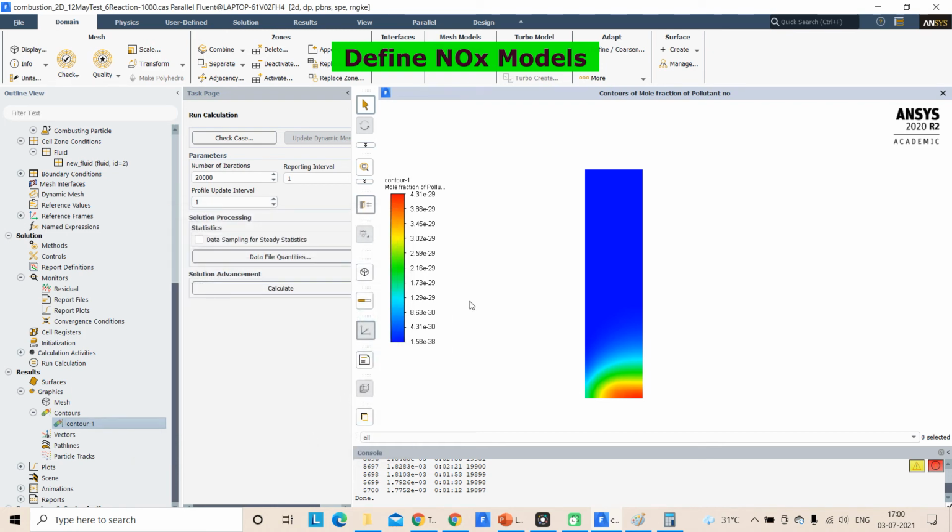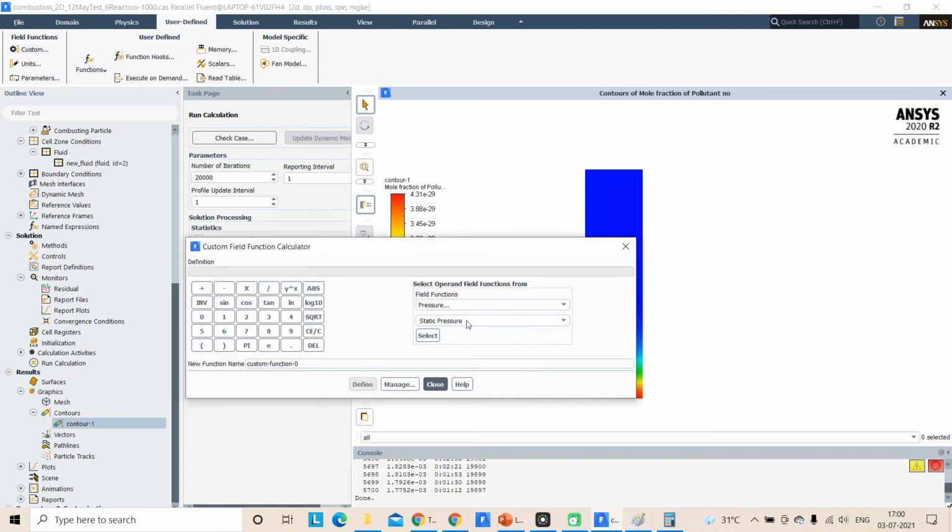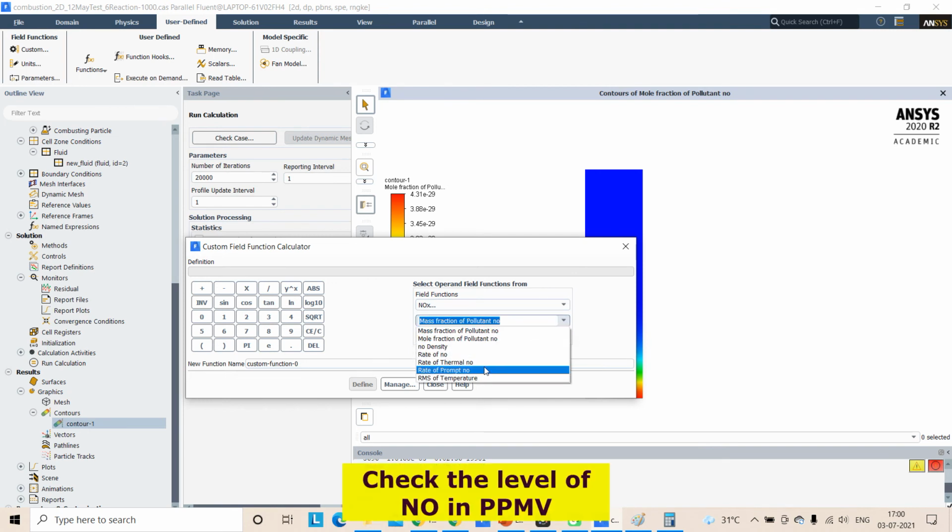If you want ppm, then you can go to the user-defined function. Here you have to go to custom function. Go to the NOx. Then mass fraction of the NO. Select it. Then divide by 10 raised to power.